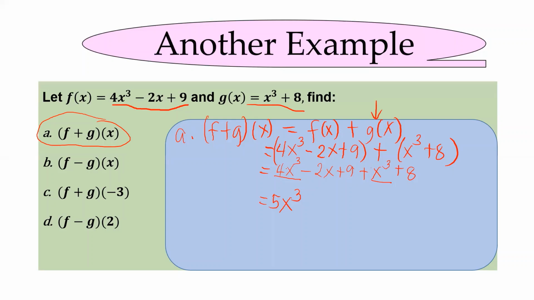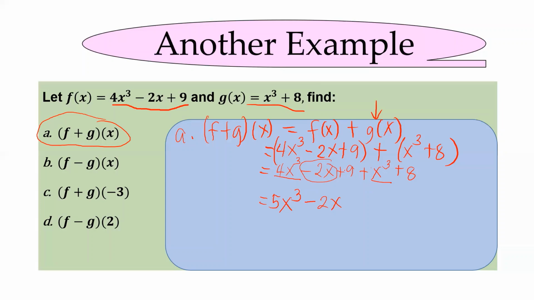Therefore, magiging 4 plus 1 dito, that would give us 5x cubed. Kasi kopyahin lang natin yung variable with degree. Now, do we have another terms na may x? Wala na po. Therefore, bring down minus 2x.